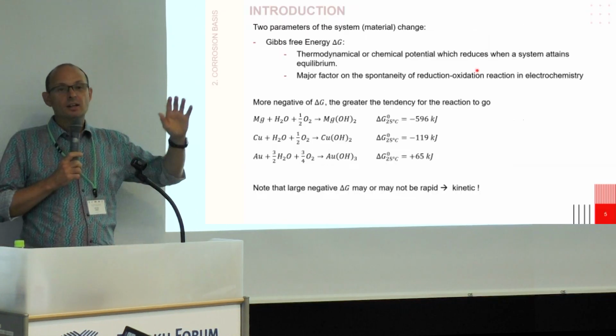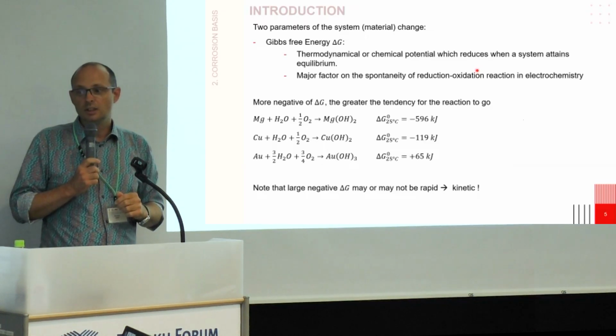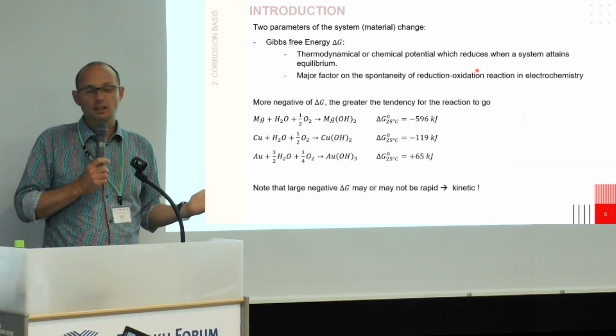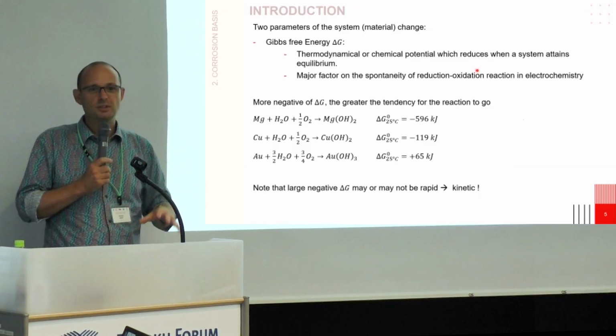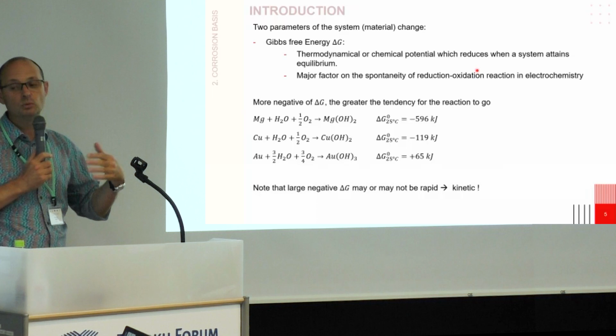Okay. The first parameter with which we are often dealing is the Gibbs free energy. I will try to not show a lot of equations because I'm not interested in the equation, but in what we can do with the information.